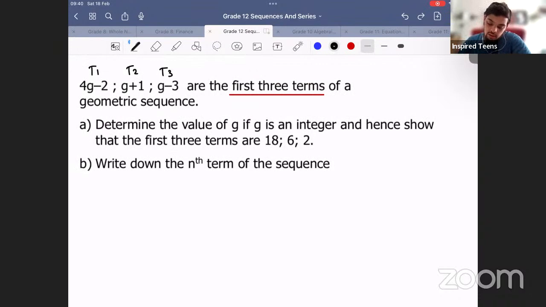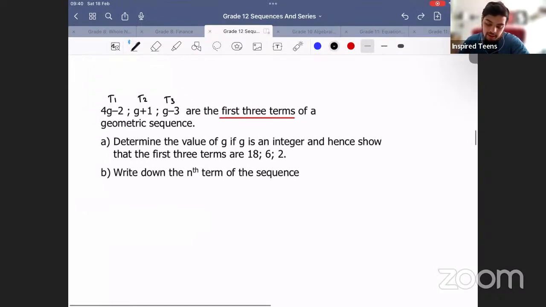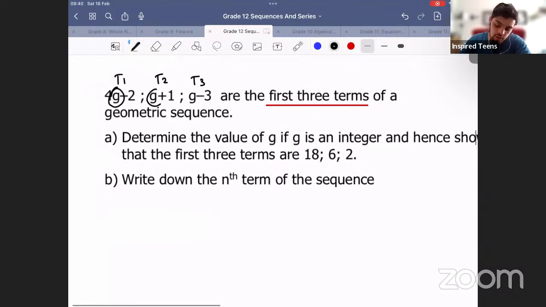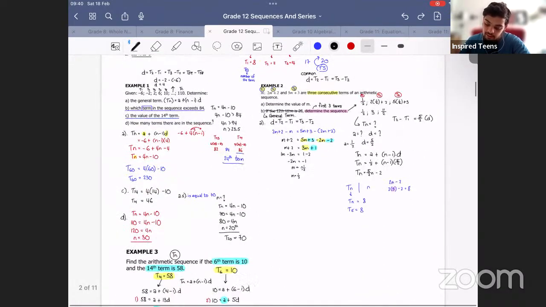Okay. So we have these first 3 terms with unknowns. They say determine the value of g if g is an integer, and hence show that the first 3 terms are actually 18, 6, and 2. I don't know if you remember from last week, but I said whenever we have these unknowns, we are going to first opt to use the difference method.